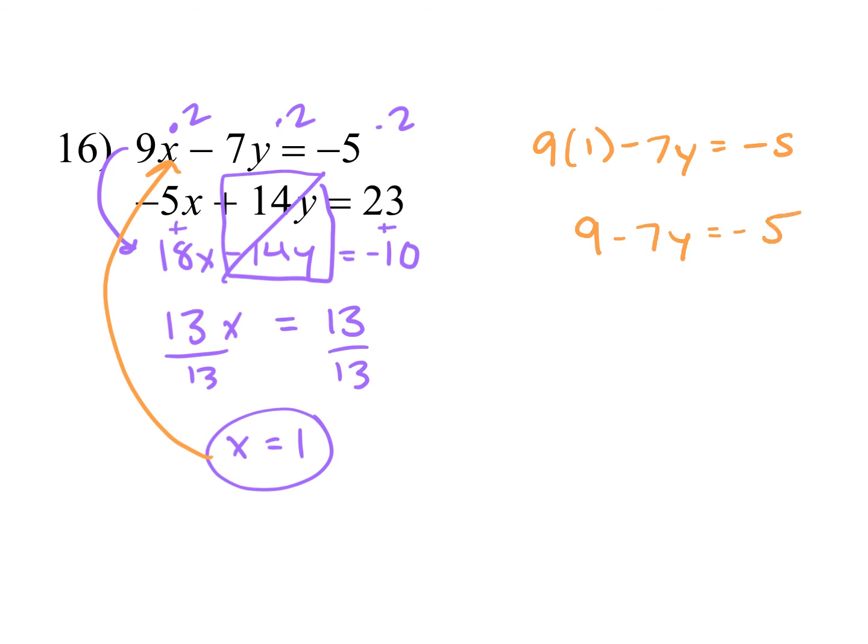Ian, what should I do next? Subtract 9. So it's negative 5 minus 9. Actually, no, negative 4. They're both negative. Oh, yeah, you're adding.